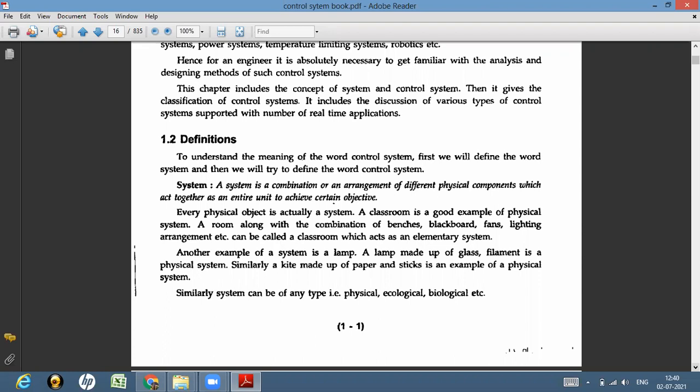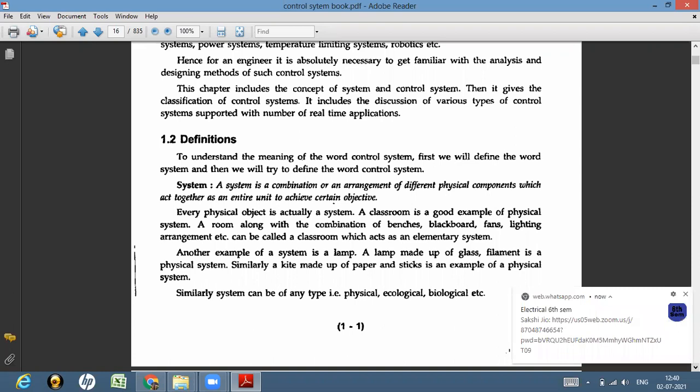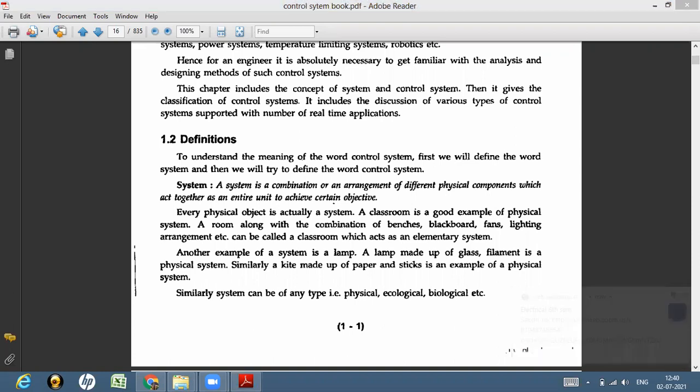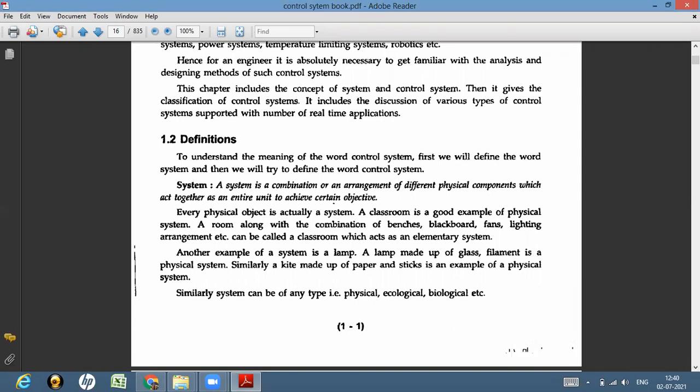A lamp made up of glass and a filament is a physical system. A kite made up of paper and a stick is also an example of a physical system. We have a number of systems, and these can be classified as physical systems, biological systems, and ecological systems.